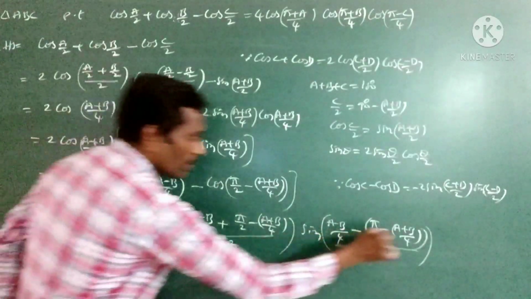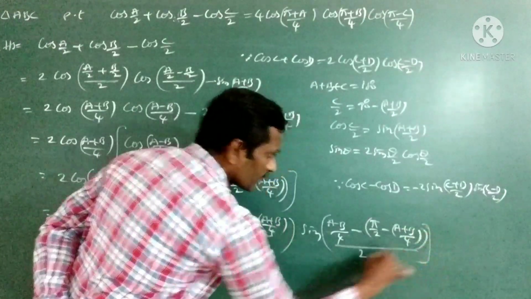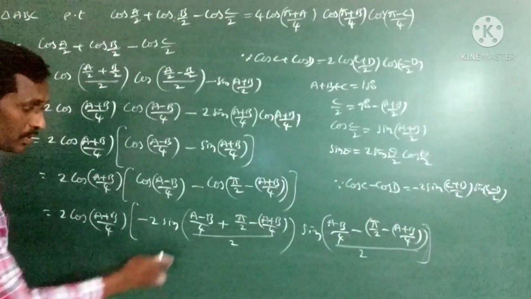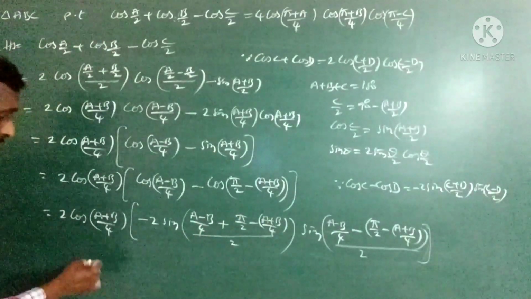So one more bracket we have. It is the C plus D by 2, C minus D by 2. Now we have to simplify this as it is.